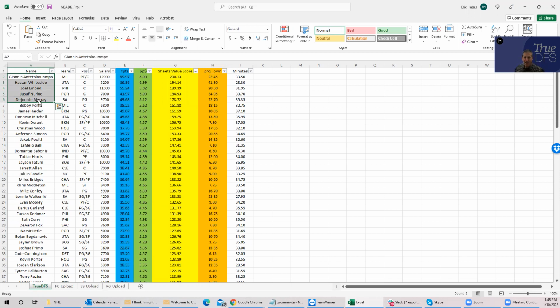He's one of the top values, and he's point guard eligible. He's the only one of these top values who's point guard eligible. He's significantly, at least to me, a better player than James Harden and other point guards, and Donovan Mitchell and the next rated guys on the list here. And that's when you rate them by Sheets value score.